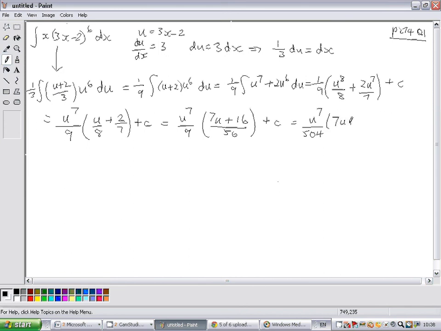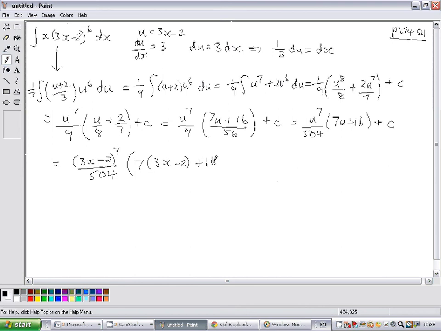Okay, so we're getting a little bit closer to what's in the answer, but I'm not quite sure where the 21x plus 2 has come from, so let's have a look. u to the 7 would be 3x minus 2 to the 7. Just substituting back in the thing that we had to start with. Now, 7u plus 16. Let's see how that turns out.